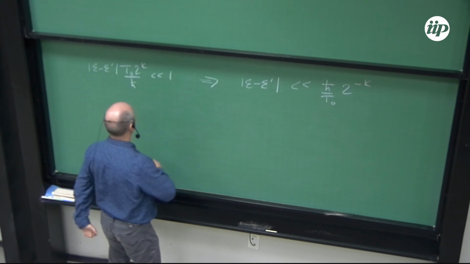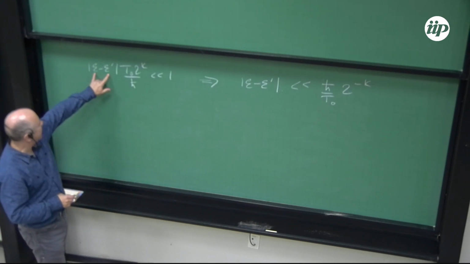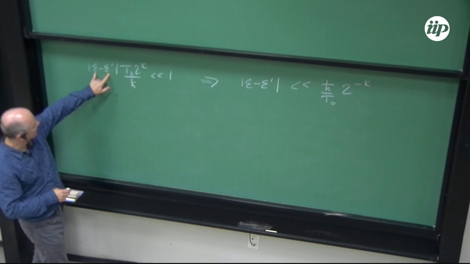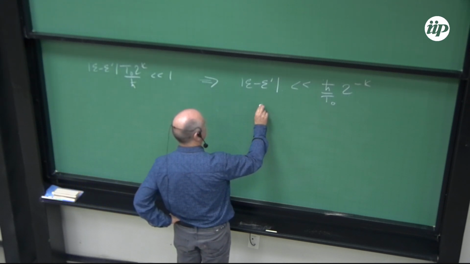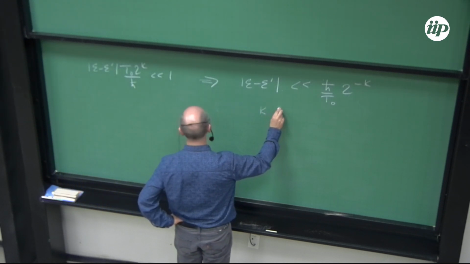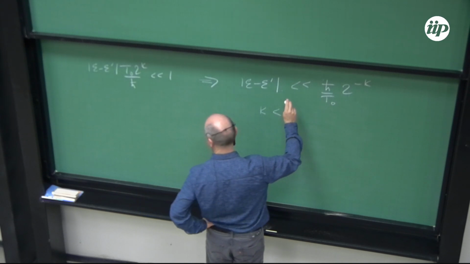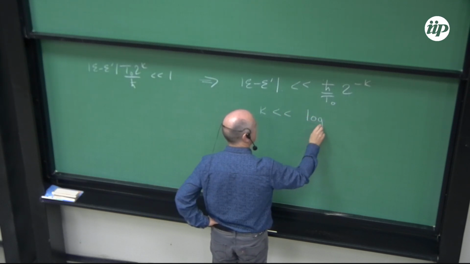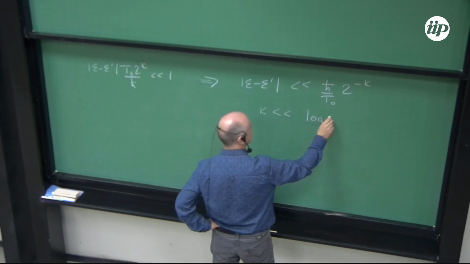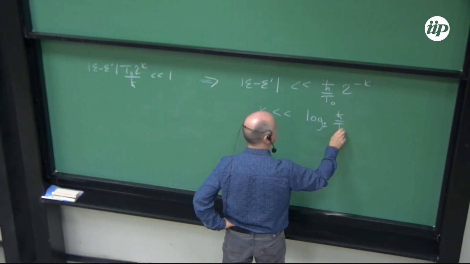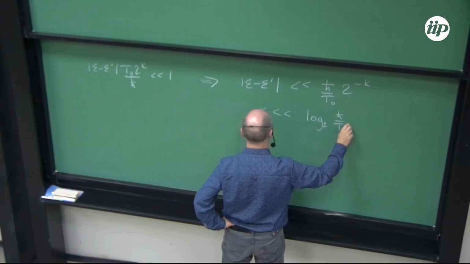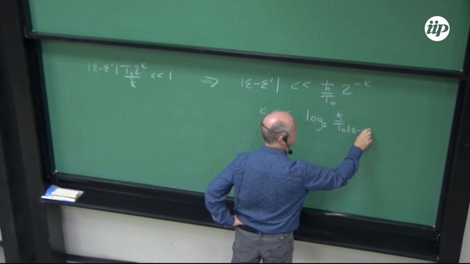Alternatively, if we think of the energy separation as fixed, and we think of varying k, this becomes a condition on k, so basically that k has to be very much less than log to the base 2 of h bar over T0 modulus epsilon minus epsilon prime.